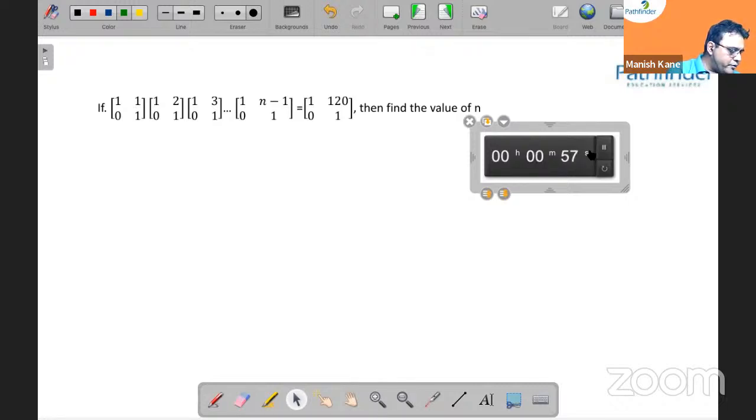Anyone who is able to solve this? Anyone on YouTube who is able to solve this question? It's a beautiful question around the same level of difficulty as the actual IPMAT questions. So if you're appearing for IPMAT of IIM Indore, try solving this question.